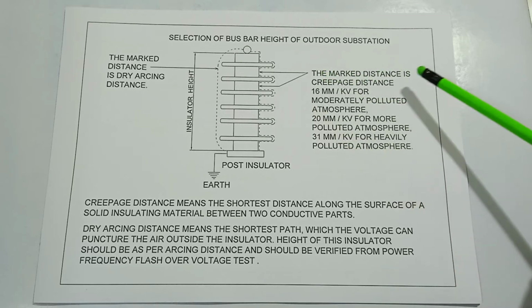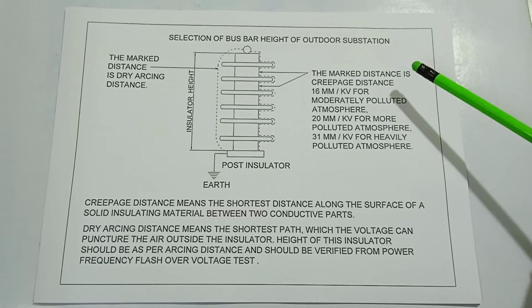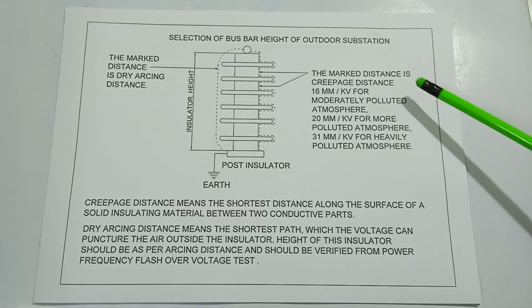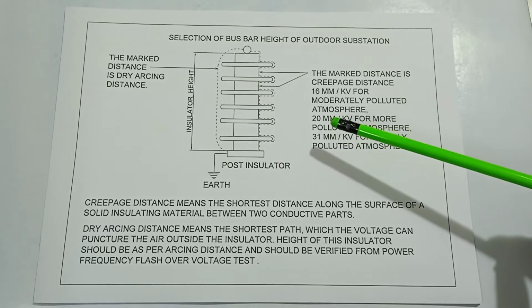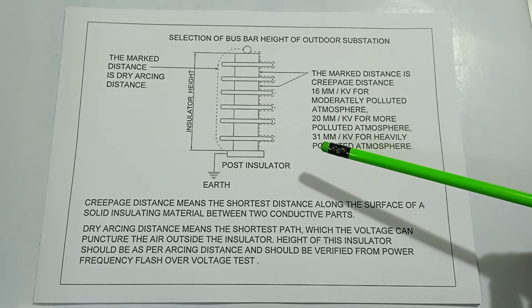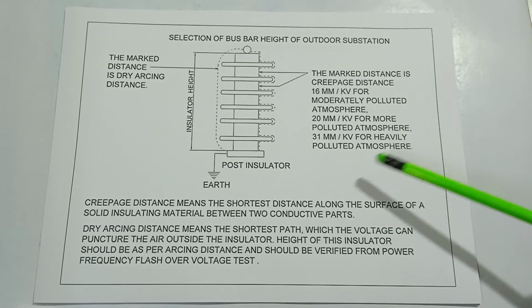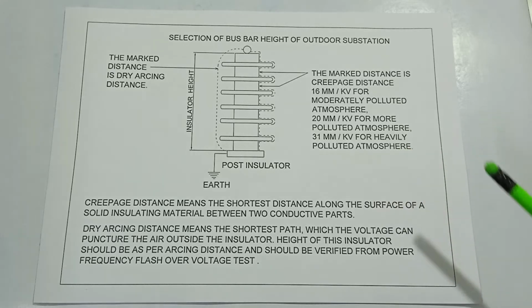The marked distance is creepage distance: 16 mm per kV for moderately polluted atmosphere, 20 mm per kV for more polluted atmosphere, and 31 mm per kV for heavily polluted atmosphere.